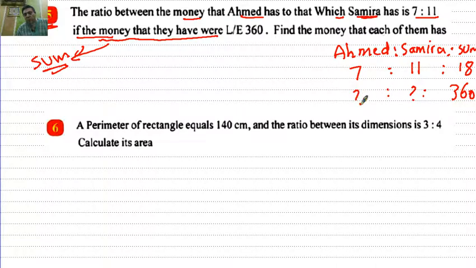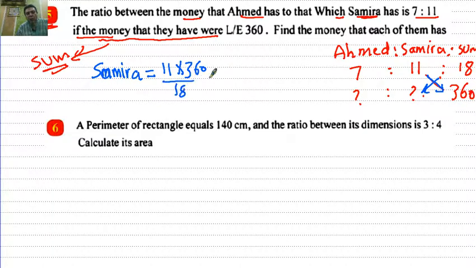The missing one, we use cross multiplication. To find Samira: equals 11 times 360 divided by 18. Ahmed equals 7 times 360 divided by 18.